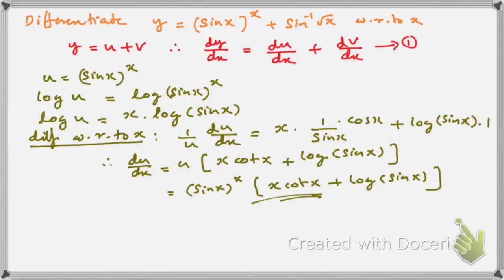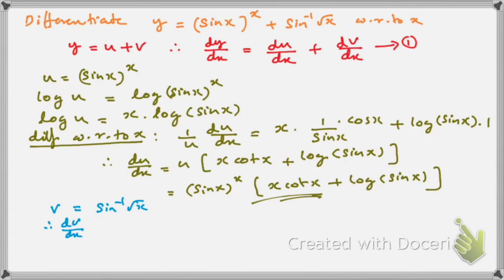I still have the second term, sin inverse root x, which I took as v. So I say v is equal to sin inverse of root x, which is a simple chain rule. So dv by dx is equal to, what's the derivative of sin inverse of x? It is 1 by root of 1 minus x square.